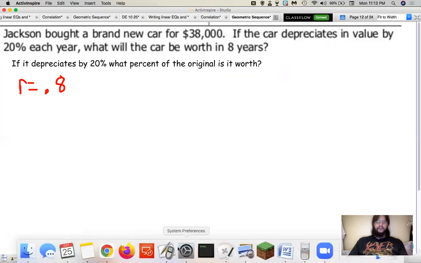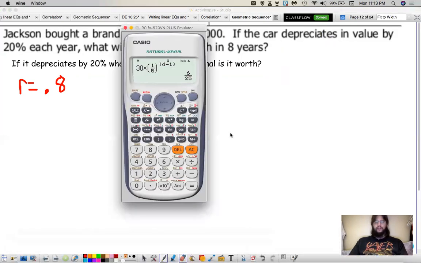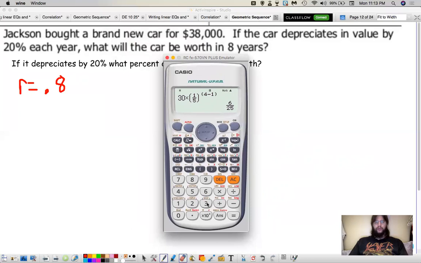So let's do the word problem math here real quick. 38,000 times 0.2, 38,000 minus our answer is 30,400, where we could have done times 0.8 and got 30,400. So basic percentages for you guys. If you're going down by 20%, that means you have 80% of the original.